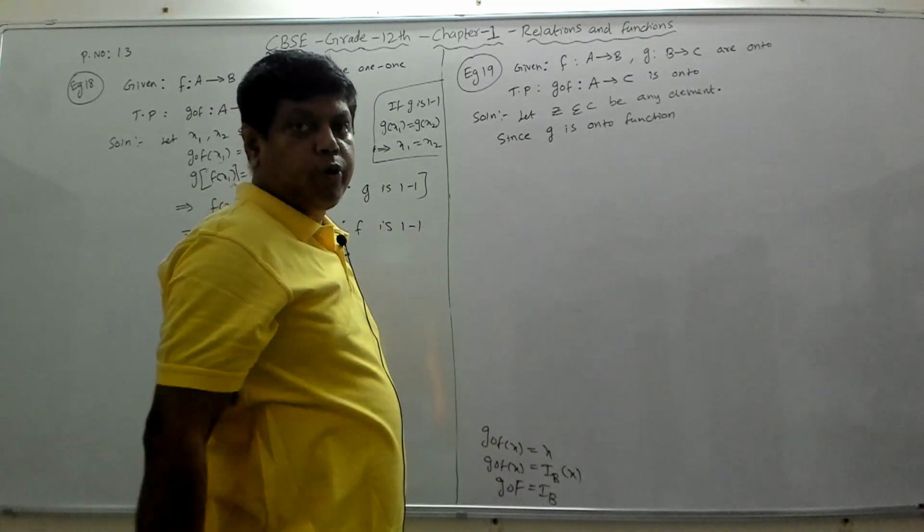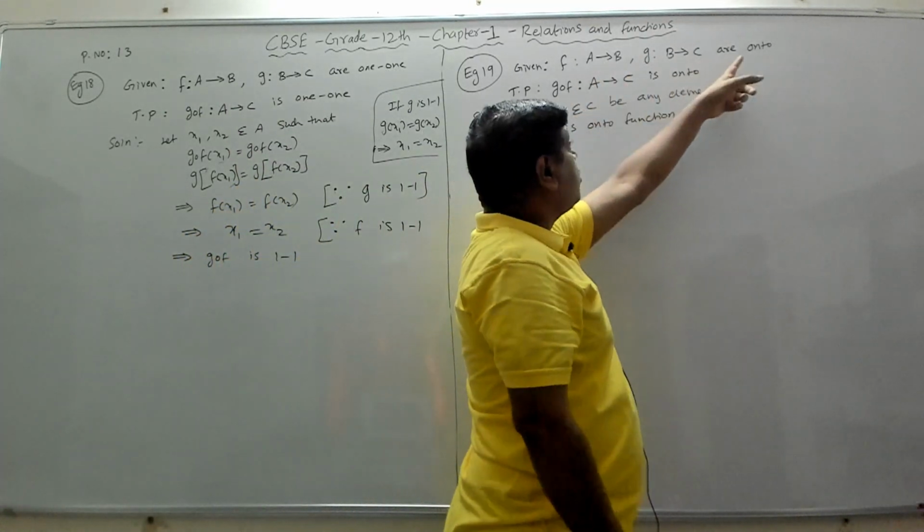Right? That is the definition of onto, and it is given that G is onto. F and G are onto is given.